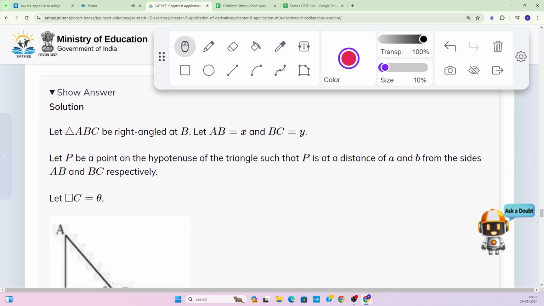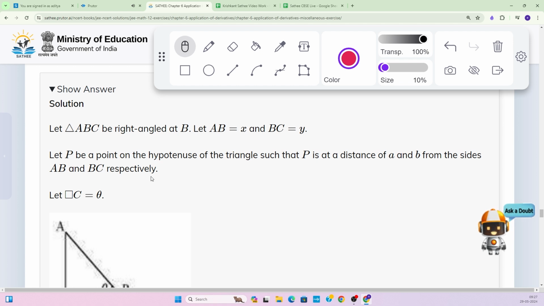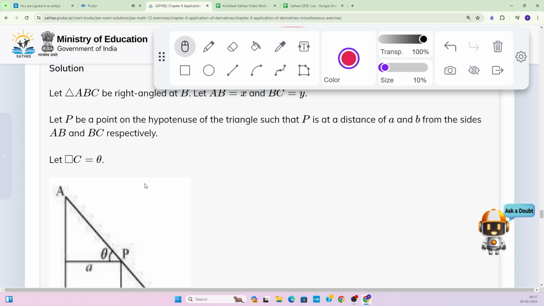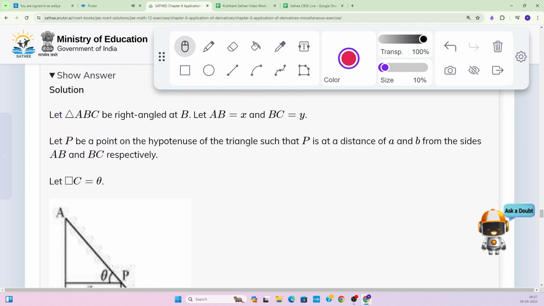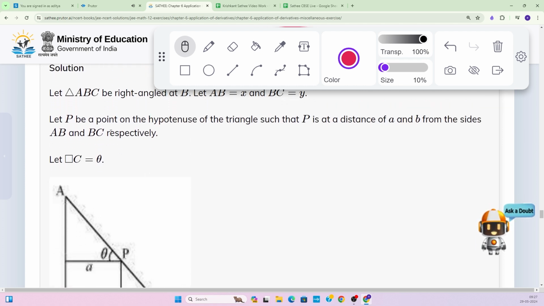AB is take it equals to x, BC take it equals to y. Okay, now as you can see, AB your perpendicular is x, BC your base is y. Now P be any point on the hypotenuse of the triangle such that P is at distance of A and B from the sides AB and BC respectively.